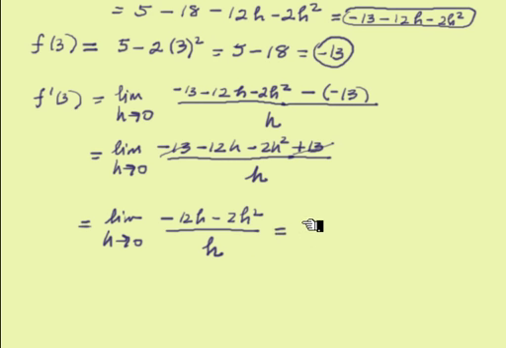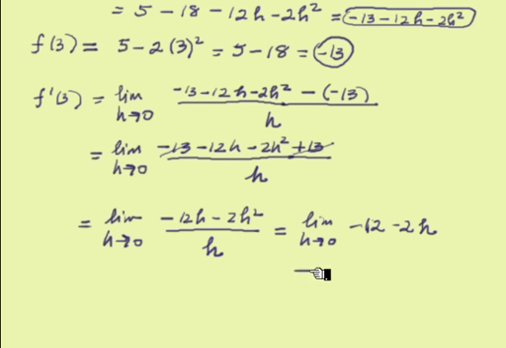Alright, so we'll do that. Divide top and bottom by h, and we have minus 12 minus 2h. Now we no longer have an h in the denominator, so we can just take the limit by substituting in h equals 0.